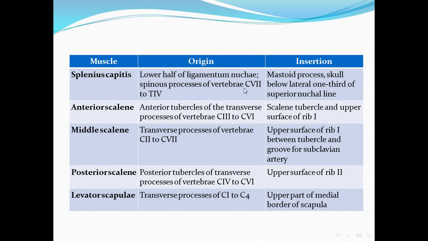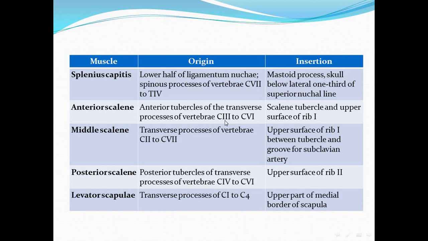The other muscles with their origins and insertions are illustrated in this table. The splenius capitis originates from the lower half of the ligamentum nuchae and the spinous processes of C7 to T4. Then it inserts on the mastoid process. The anterior, middle, and posterior scalene muscles originate from the transverse processes of the cervical vertebrae.